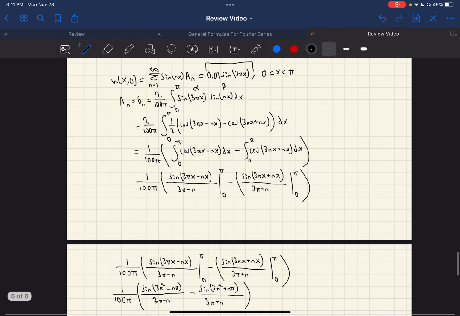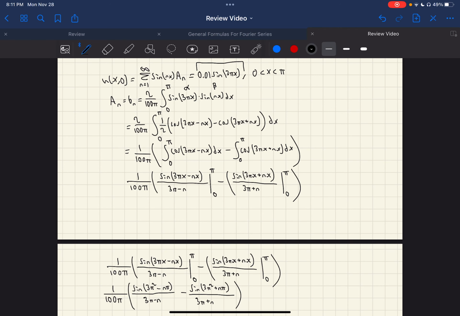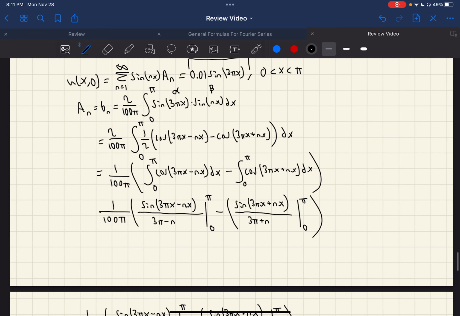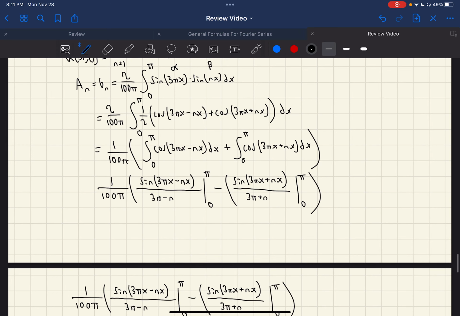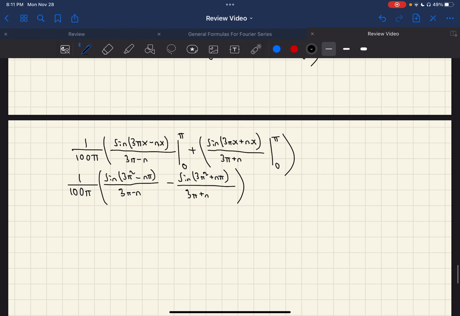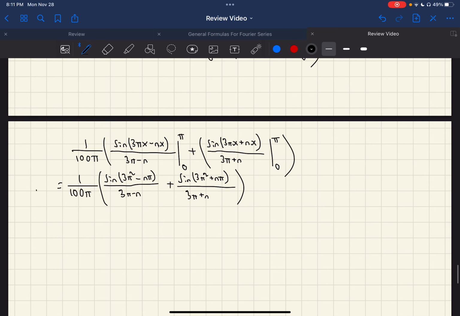This is supposed to be a plus, I believe. Yeah, that was wrong. I'll fix that later, but the identity adds them, at least according to what my TA says, and I trust her more than some random picture online. So then this is our first coefficient, capital A n.